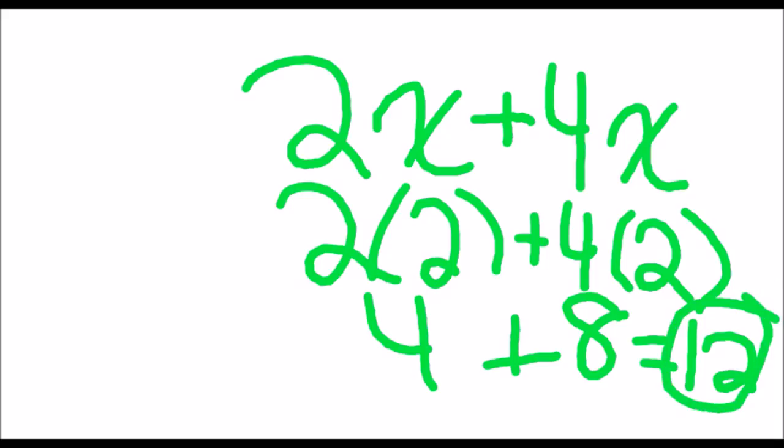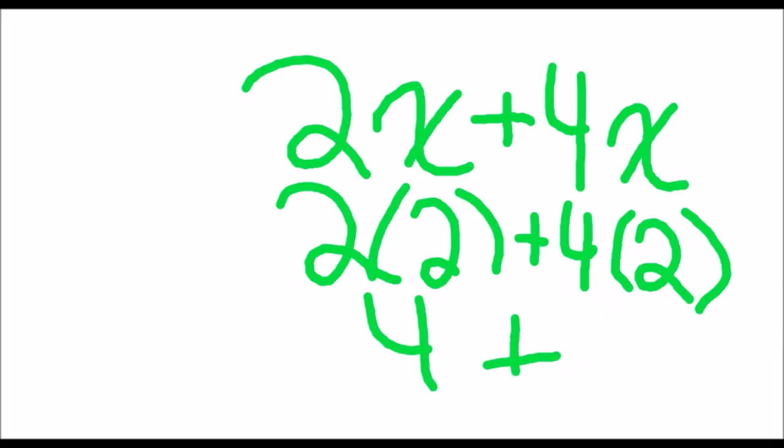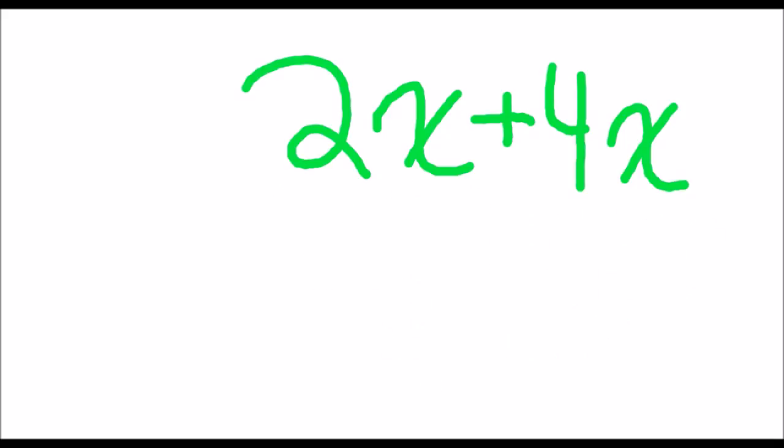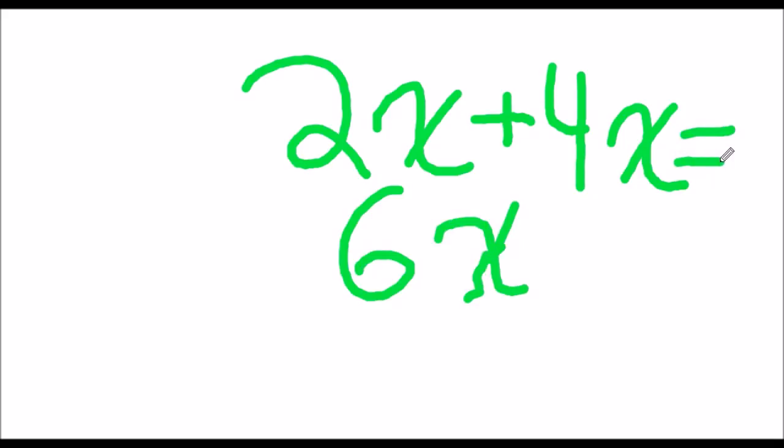But what if I told you that 2x plus 4x was just the same exact thing as 6x? Now, you'll learn about how to simplify expressions in the videos to come, so you won't know how or why 2x plus 4x equals 6x.